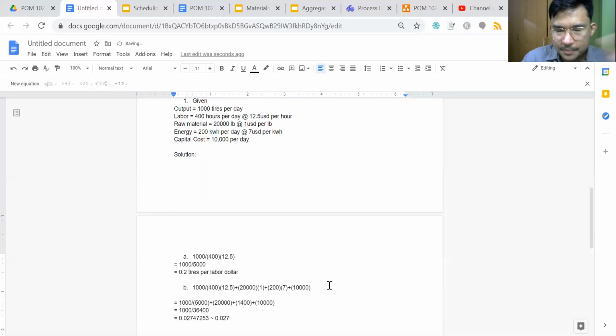Again, it's very important to put the unit of measurement so you understand. So it's 0.027 tires per dollar input. So that's your productivity.